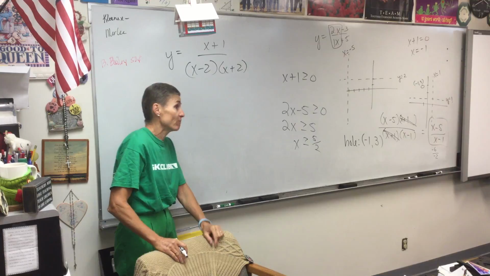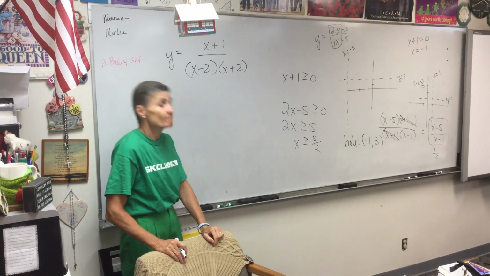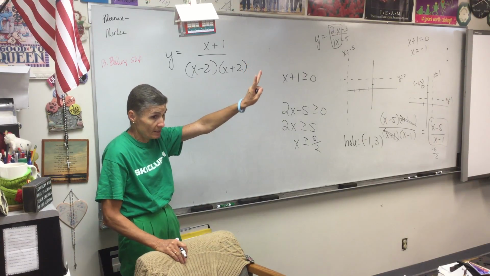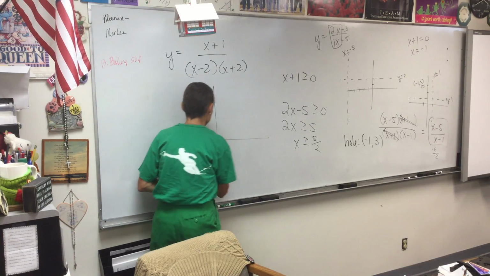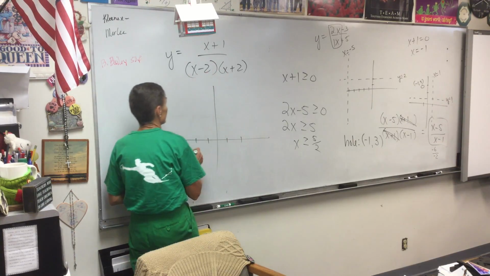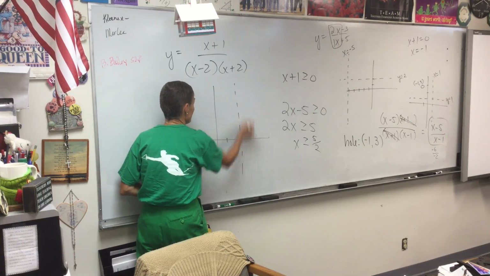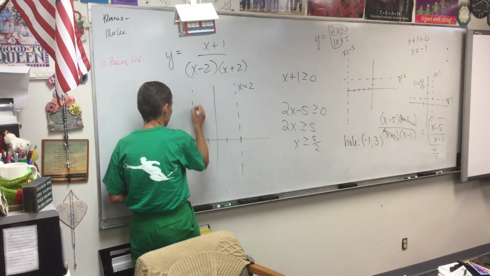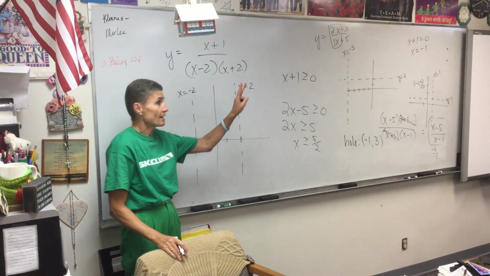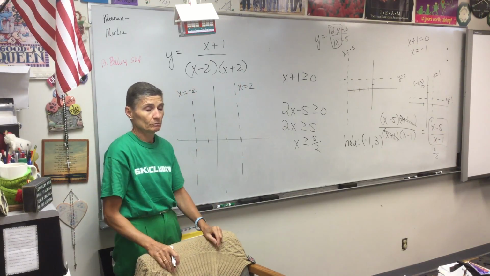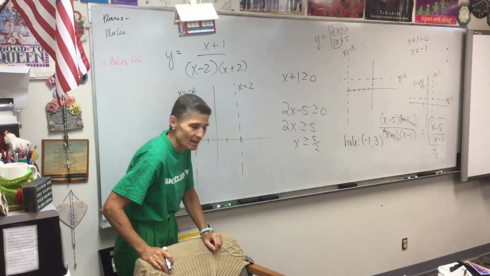Am I going to have any vertical asymptotes? I'm going to have 2 of them. Since nothing canceled out down here, what are the 2 things x can't be? Can't be +2 and can't be -2. So I have vertical asymptotes at 2 and -2. I don't have any holes.